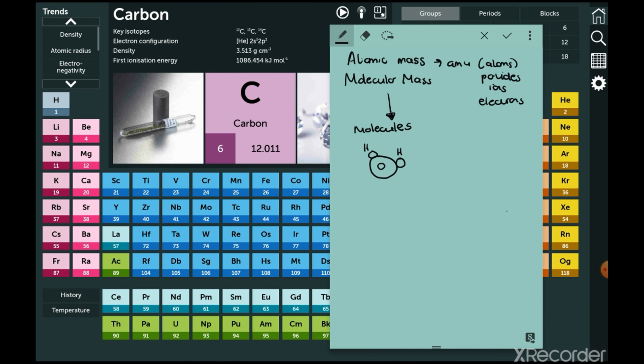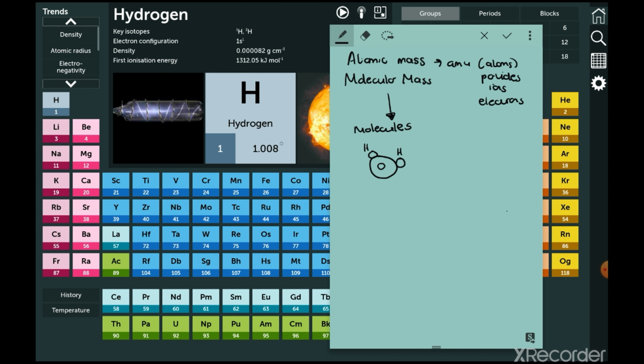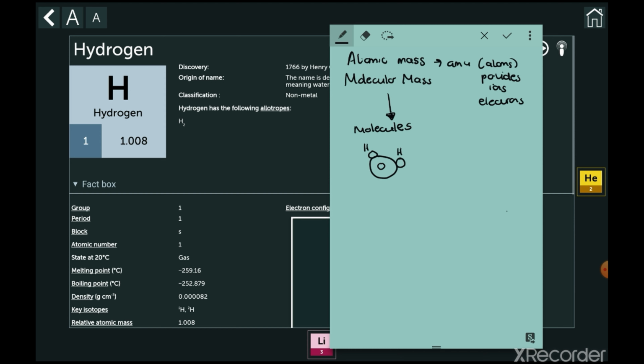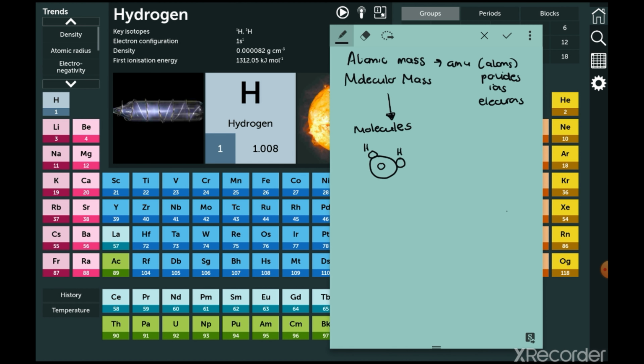If I go back and show you, hydrogen has an atomic mass of 1.008. You can see this is 3 decimal places, so it's very accurate, but sometimes at high school level we just use 1 or 1.0.